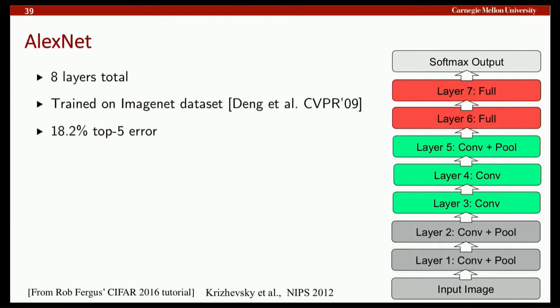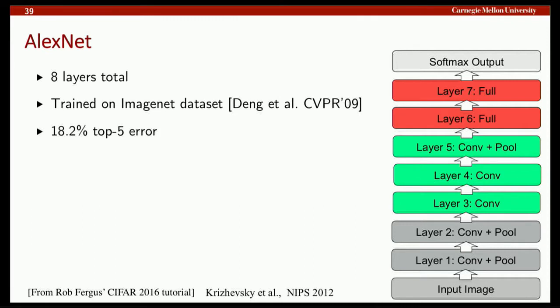This particular model has a bunch of convolutions, pooling, and fully connected layers, and it was trained on the ImageNet dataset that contains 1.2 million images and 1,000 classes, achieving about 18% top-5 error. Top-5 error means that you pick the top 5 classes, and if the correct class is within the top 5, you consider it to be correct.